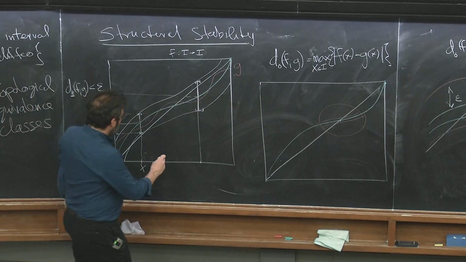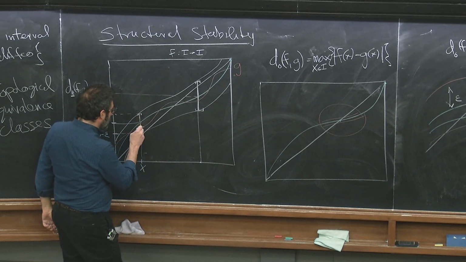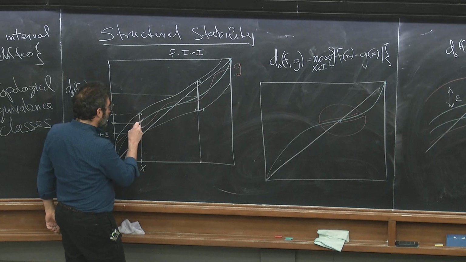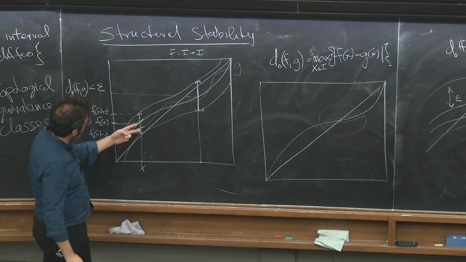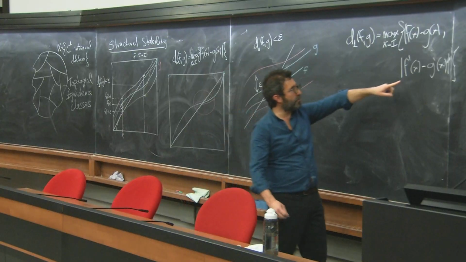But at each point, you also look at the derivatives, right? So you look at this point, and you look at the derivative of the map F, and the derivative of the map G, and you say, okay, the difference between these two derivatives needs to be less than epsilon also, right?